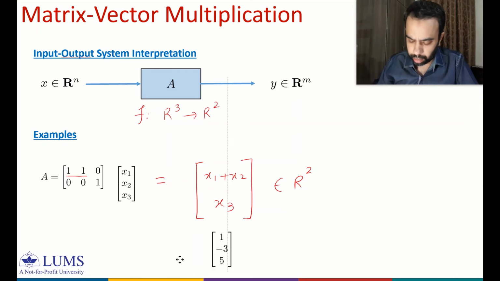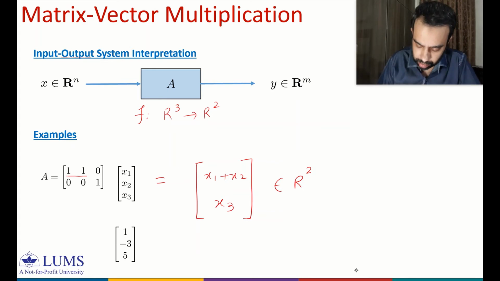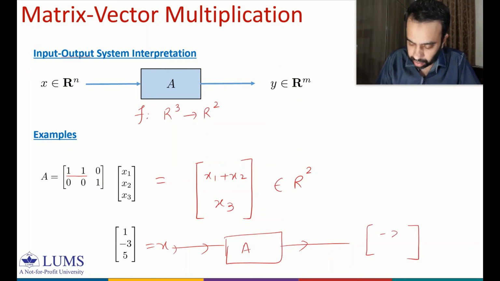And again for a similar input, 1, minus 3, 5. So if this is x and you give this to a system A, what you get is 1 minus 3, that is minus 2, and 5, that belongs to R2, and this is y.